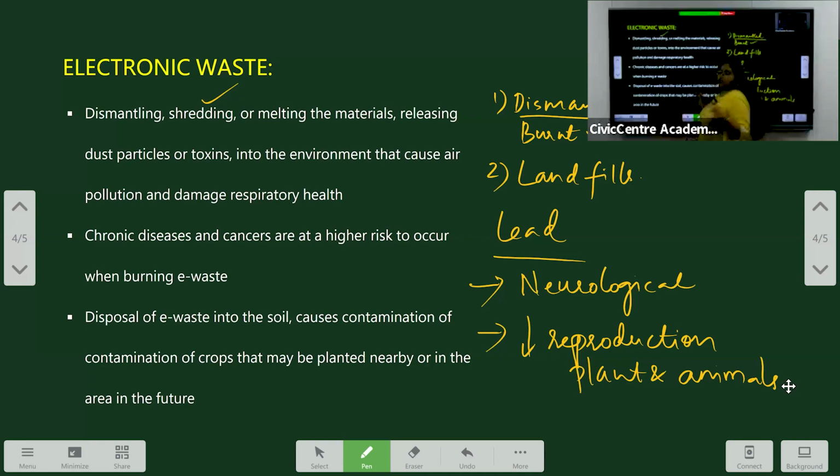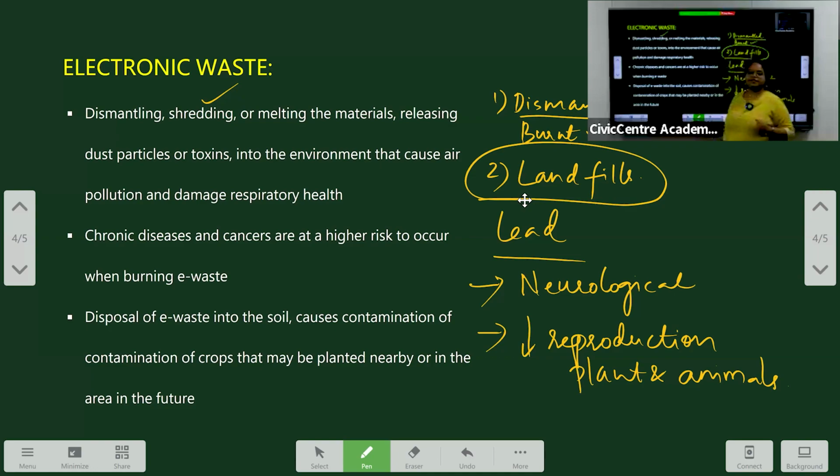Now, what happens to the e-waste that goes into the landfills? Once the e-waste gets into the landfills, the toxic elements tend to leach into the soil. Slowly, when it rains, the toxicants are absorbed into the groundwater and reach the aquatic ecosystems or the groundwater that is consumed by humans while drinking, and it pollutes the groundwater.